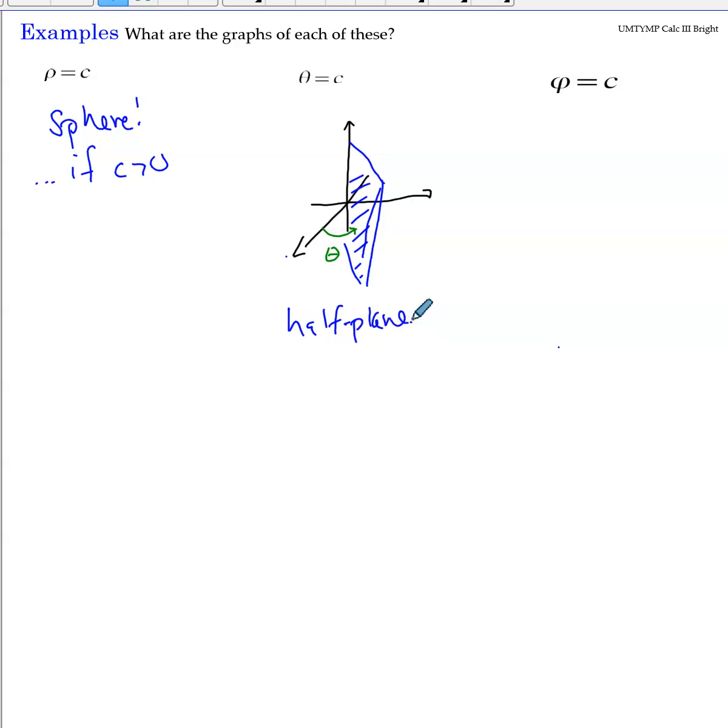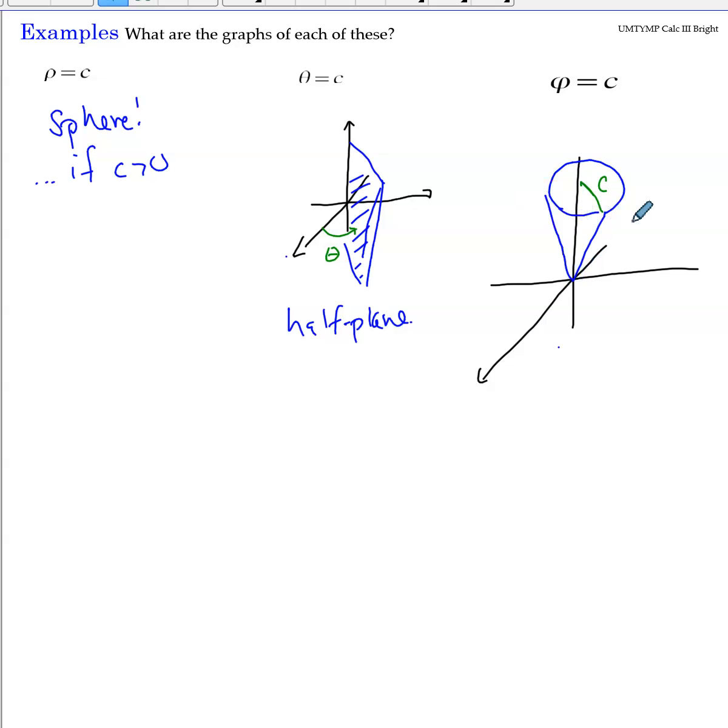And the last one, we're saying that the angle from the z-axis is constant. So if we draw this out, so we come down by this angle c, and then it comes out and it meets it, and then it can rotate all the way around because I haven't restricted what theta is.